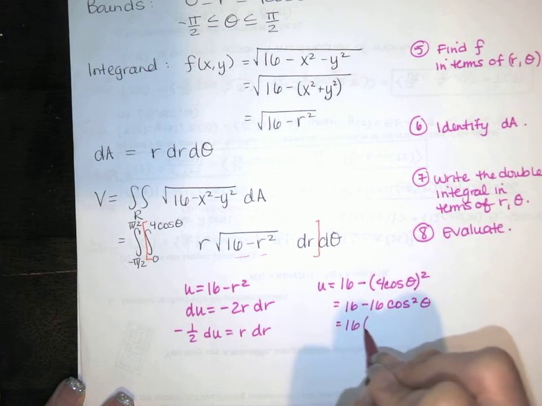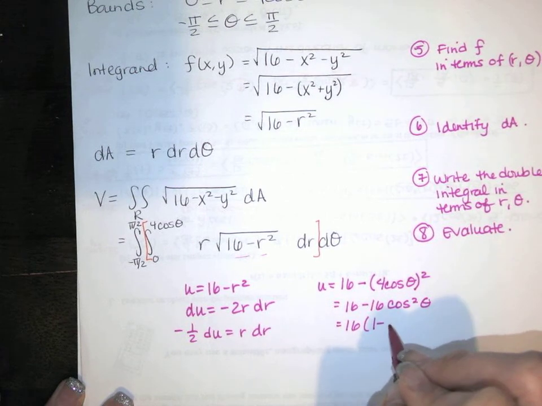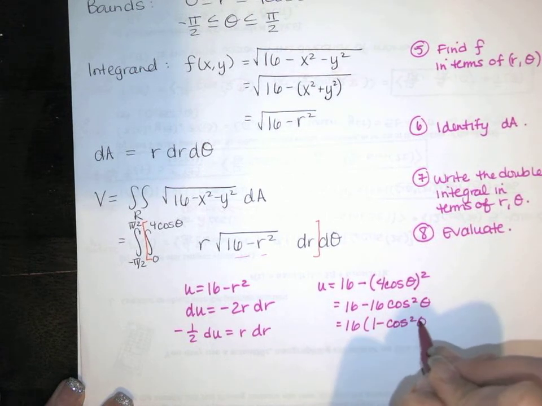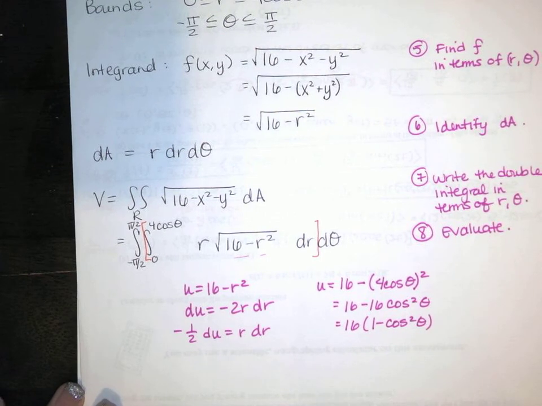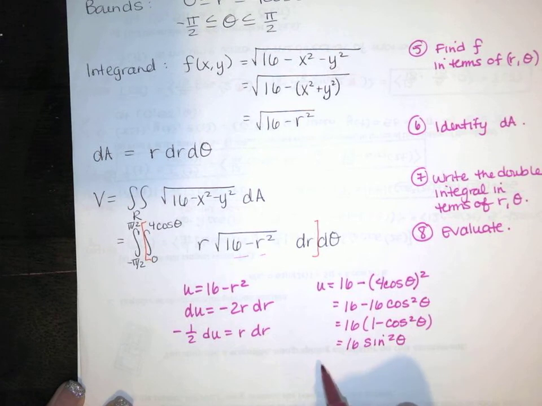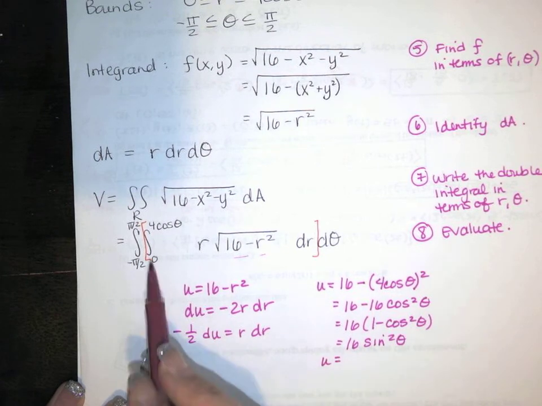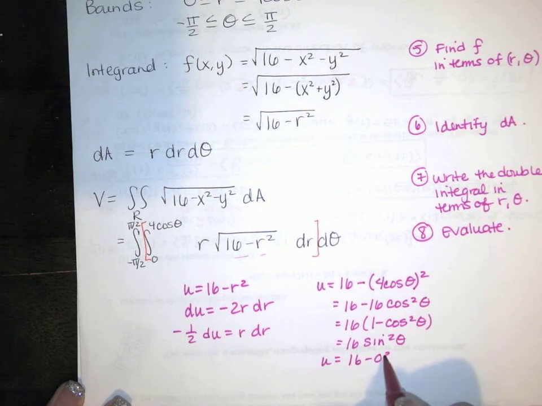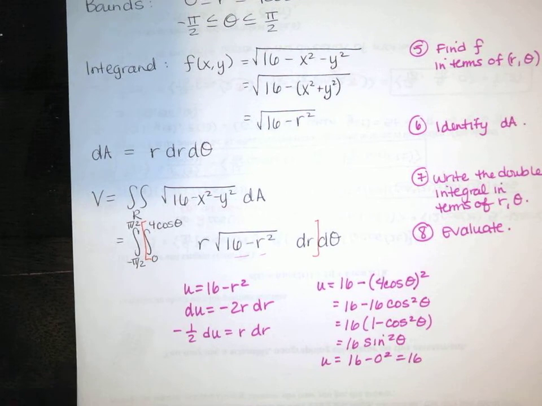If you factor out the 16, you have 16 times the quantity 1 minus cosine squared, and that simplifies because 1 equals sine squared plus cosine squared. By our Pythagorean identities, U is equal to 16 sine squared theta. That's our new upper bound. And when r is 0, we get 16 minus 0 squared, so we just get 16.